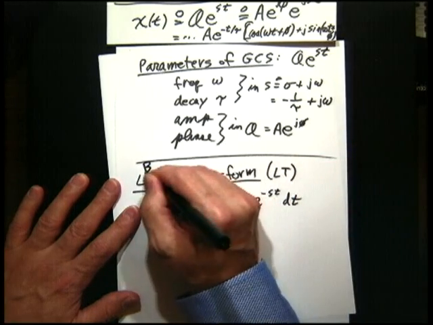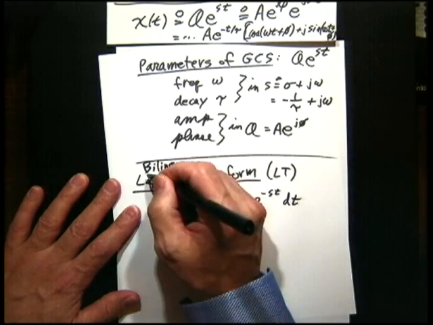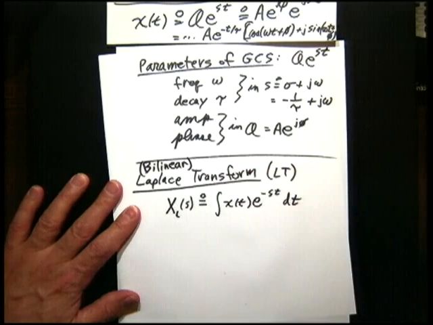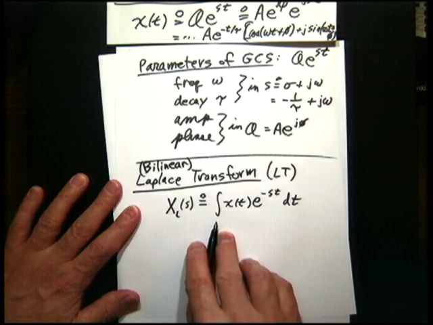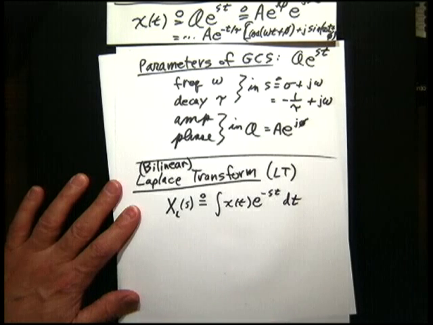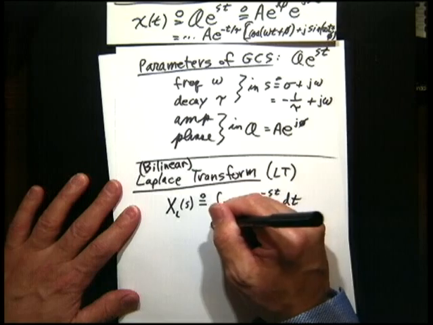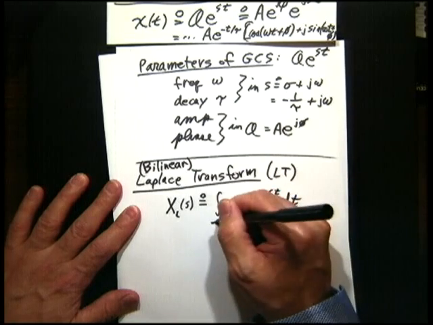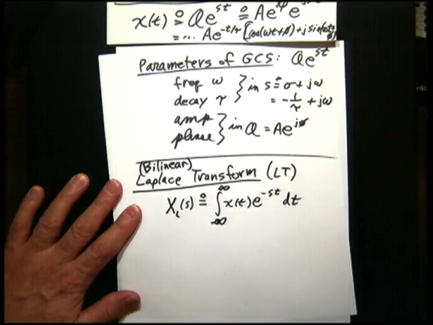So I'm going to insert bilateral here because it's actually usually used as an integral from 0. For systems analysis, you normally assume everything's 0 at negative times, so you can start your integral at time 0. But in the bilateral transform, you start at minus infinity. And I want to use that now because that's the one that really does specialize to the Fourier transform.